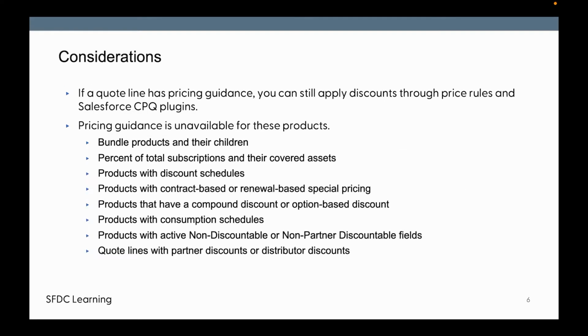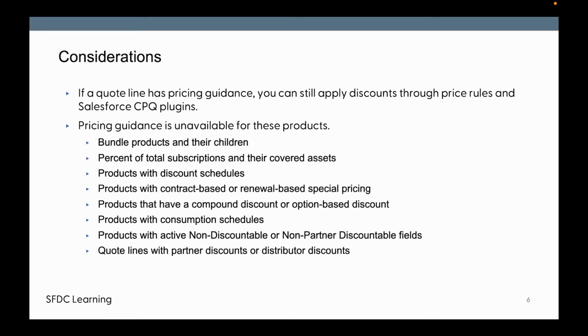Okay, some considerations, right? So first of all, if a quote line has pricing guidance, you can still apply discounts through price rules and the CPQ plugin. The second thing is pricing guidance is unavailable for these products. Which products?